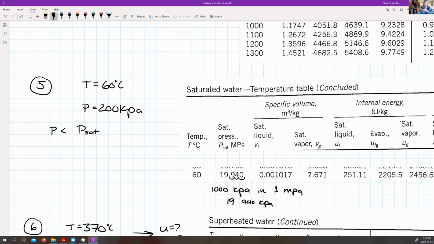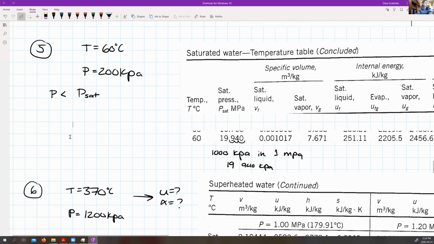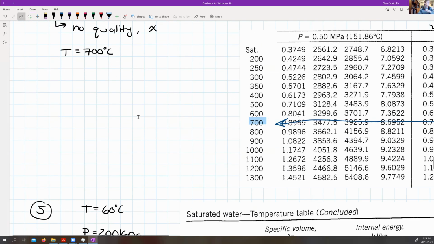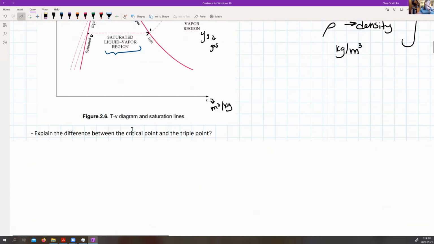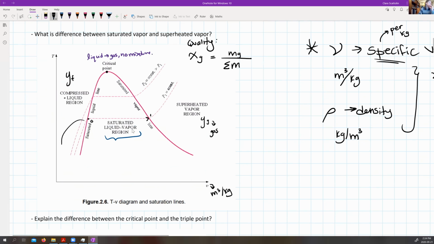So if I look back at, can I copy paste it? Nope, I can't. Okay, but if I can scroll, it means that we're over here in the compressed liquid region. We're over here somewhere.